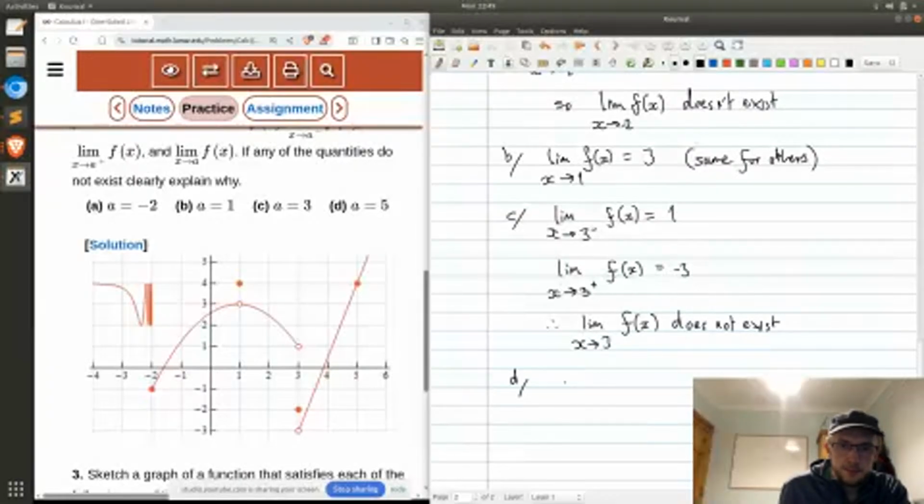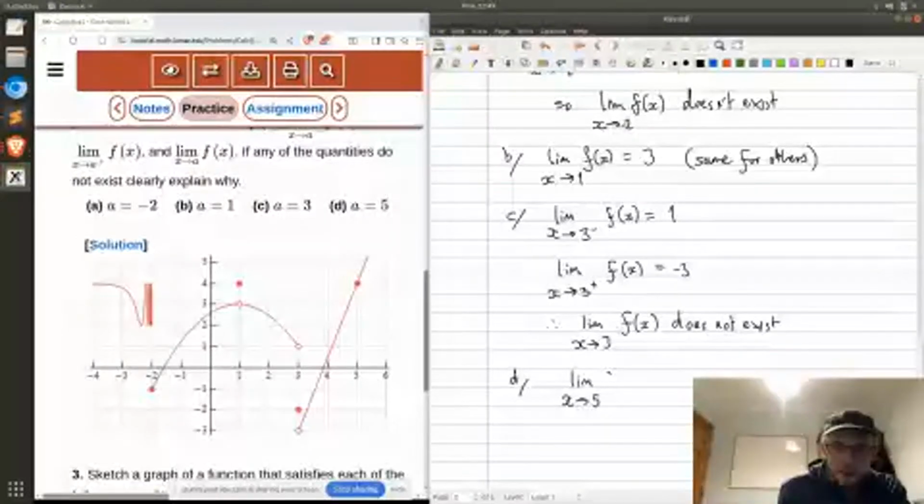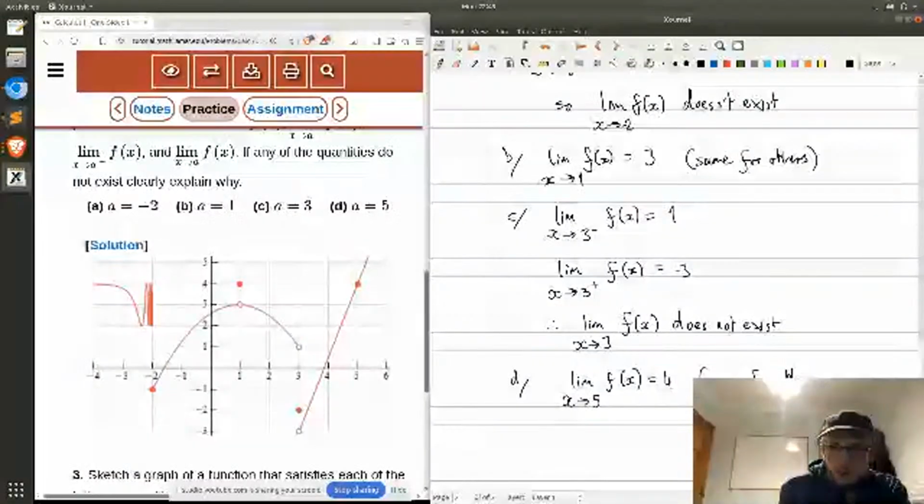For D, we have this. The limit as x approaches a of f of x is equal to 4. Same for others. Okay.